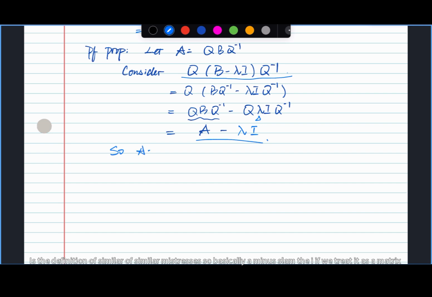So basically, A minus lambda I, if we treat it as a matrix, is similar to B minus lambda I.